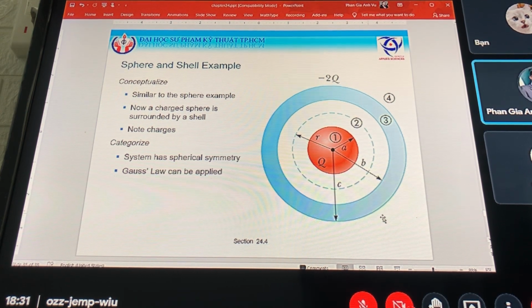Another example is when you have a sphere here and you have a shell surrounding the sphere, and they are concentric. It means the center of the sphere and the center of the shell are at the same point, right?